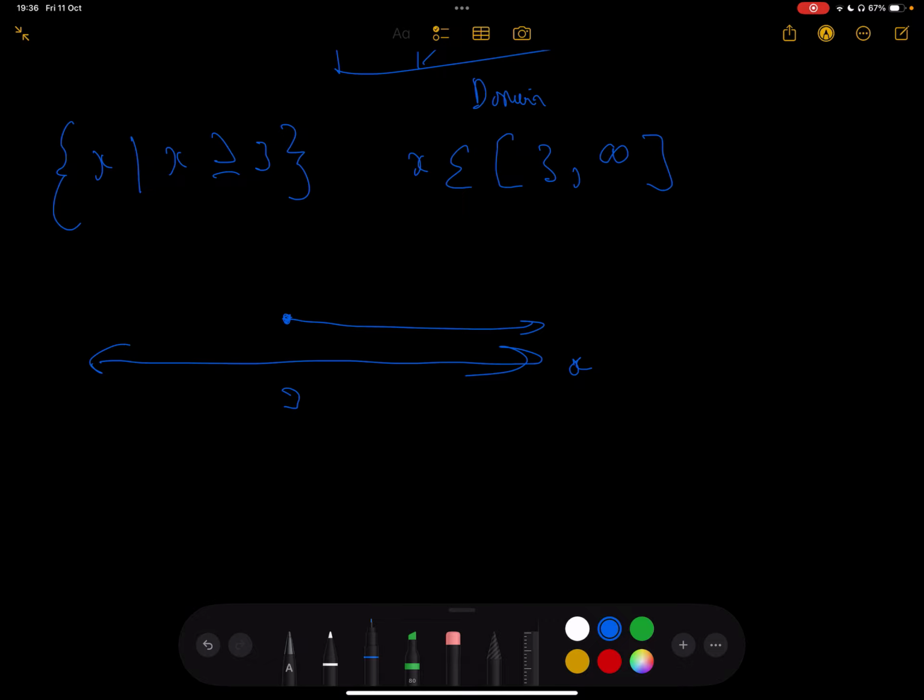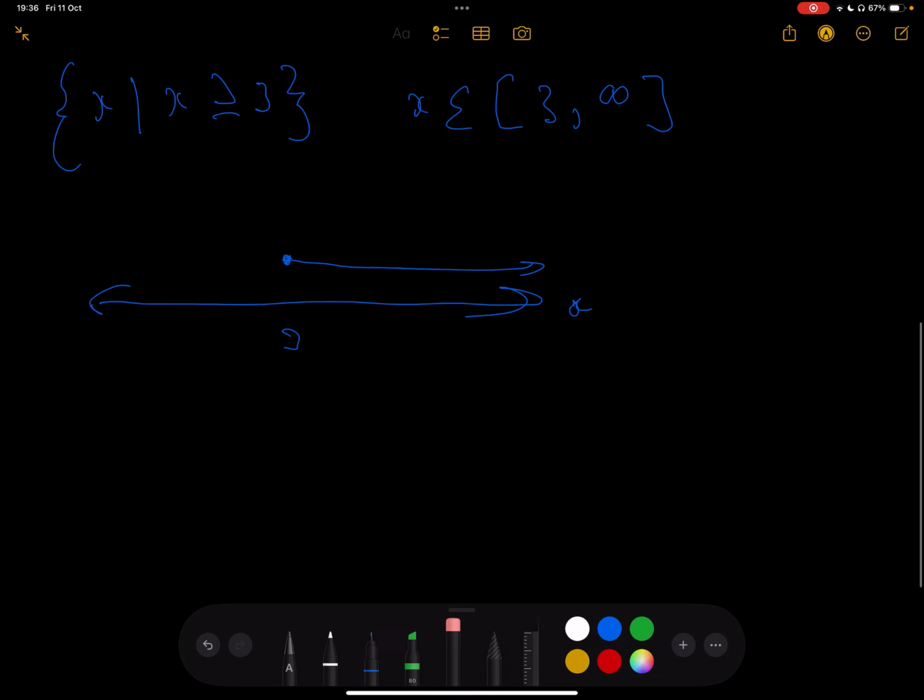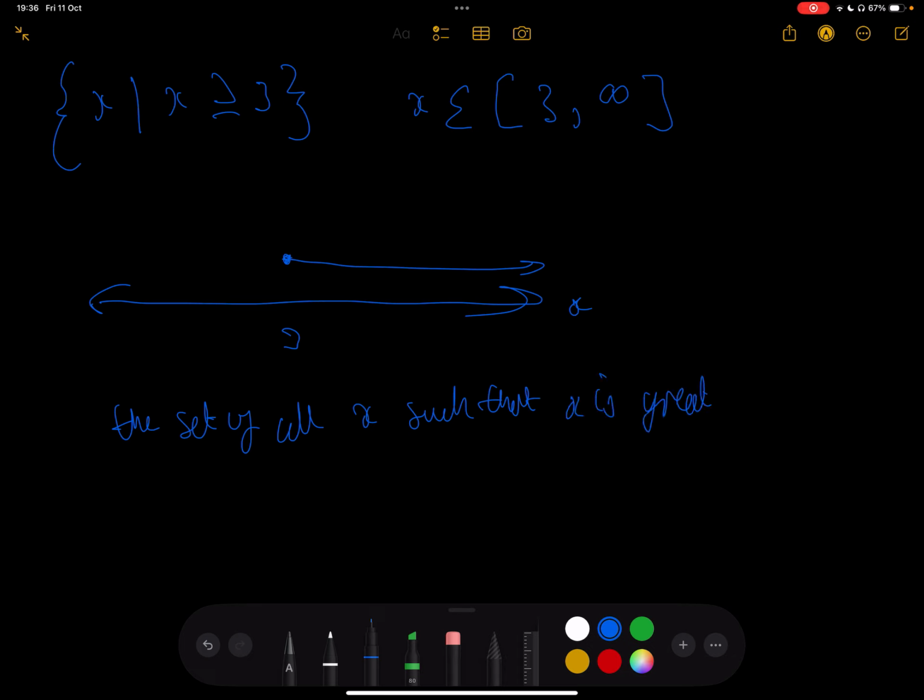Okay. So what does this mean? This means the set of all x such that x is greater than or equal to 3. So what this means is basically the value of all of x has to follow the rule that x is greater than or equal to 3.